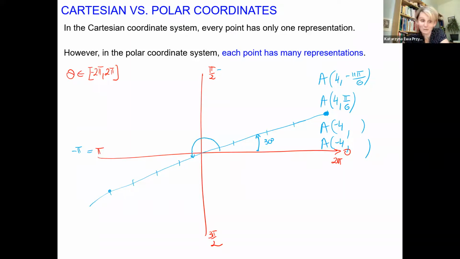That angle will be 7, I mean 210, which is 7 times 30, 7 times pi over 6. Really good. That's the third quadrant, but we will still plot the point A here.